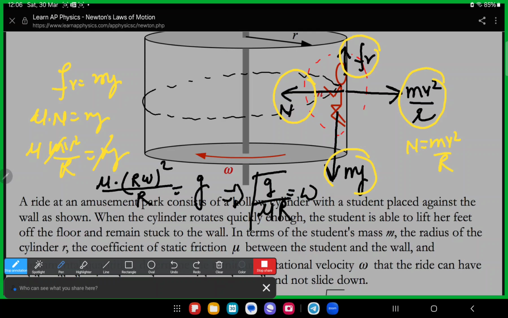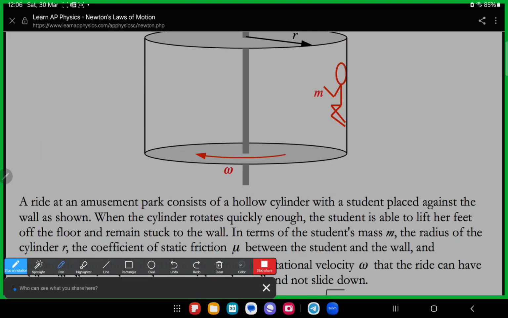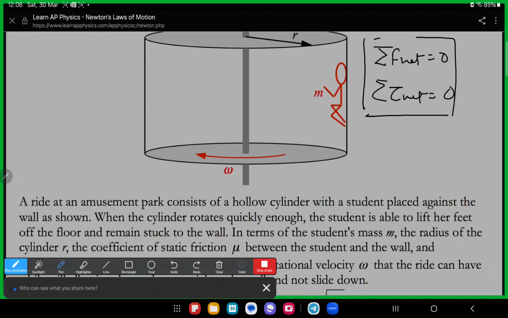So here the most important thing is we have to balance the forces, and this is an equilibrium situation. Always remember equilibrium. So let me explain quickly what is an equilibrium situation. Equilibrium will be of two types actually. If F net is equal to 0 and net torque is equal to 0, this is the condition of equilibrium.